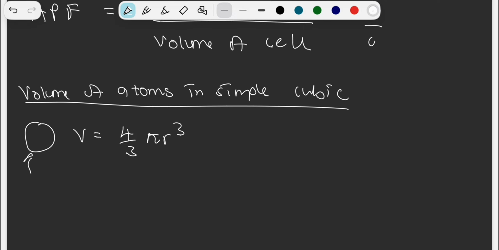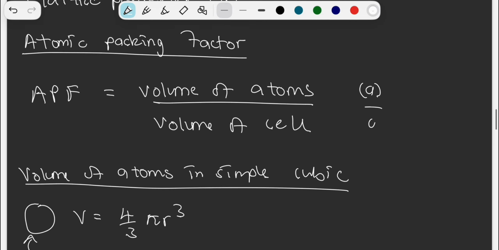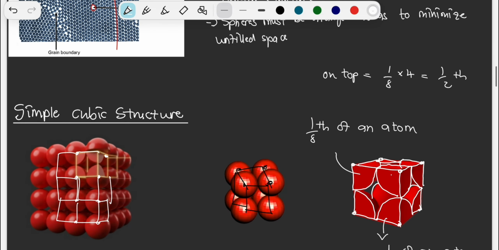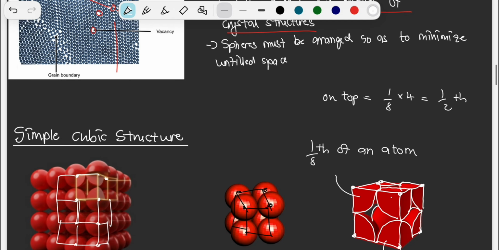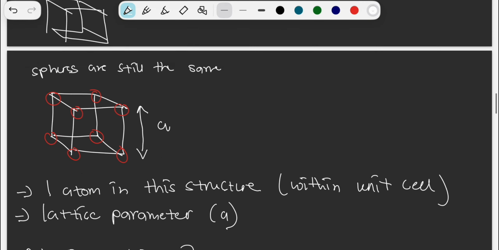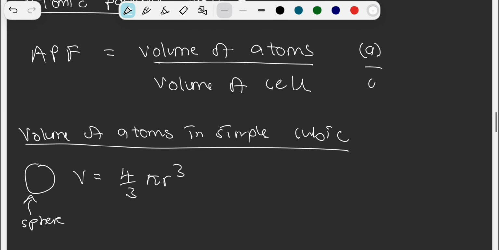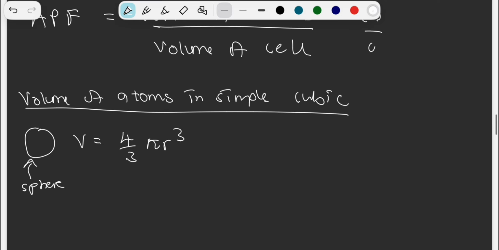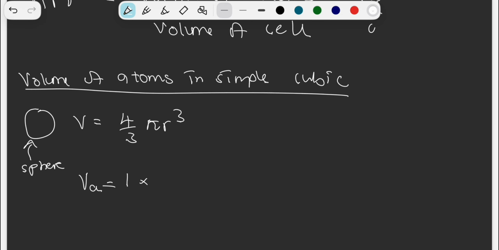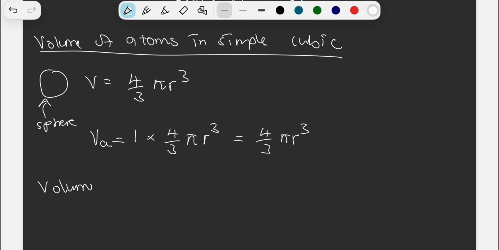I'm very bad at drawing spheres, so I'm just going to say this circle is a sphere. Like I said, we basically have one sphere inside this unit cell. So the volume of atoms within the unit cell, which I'm going to call VA, is just 1 times 4/3 pi r cubed.